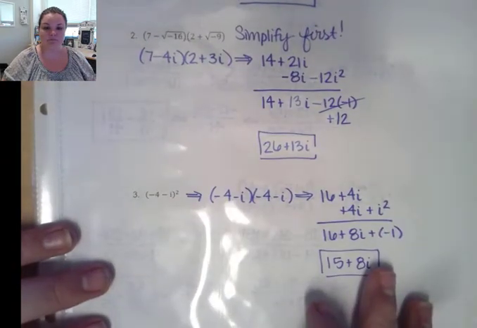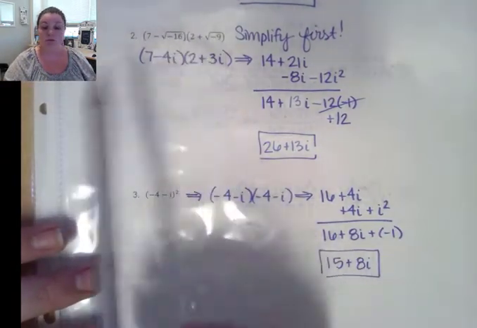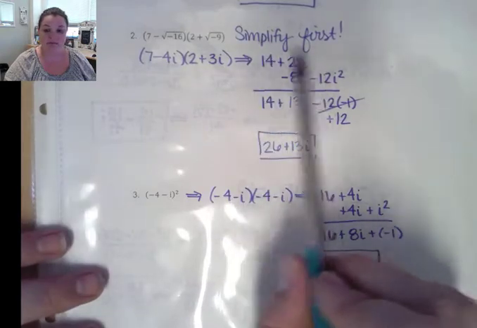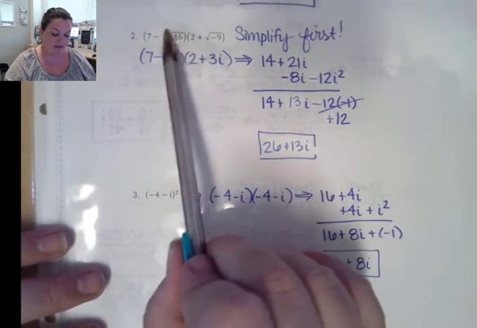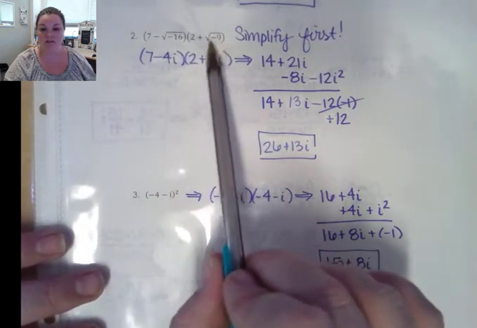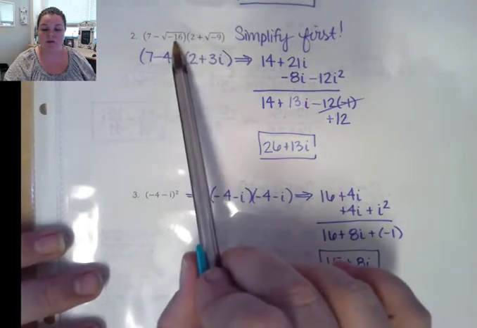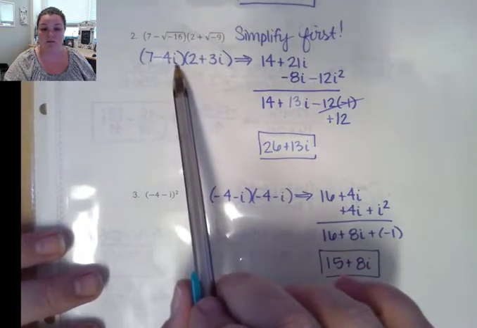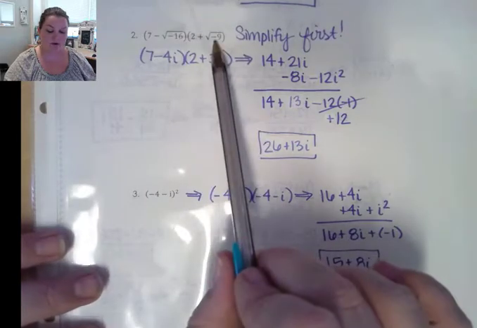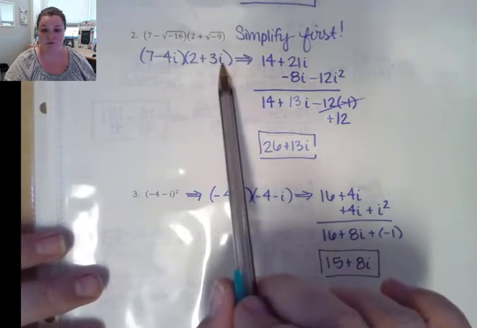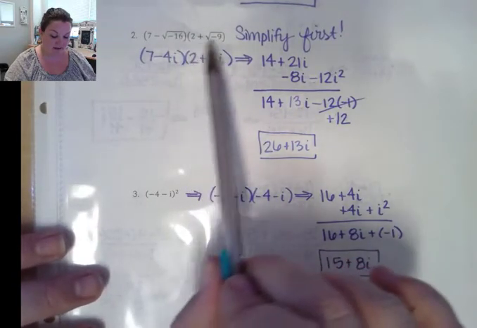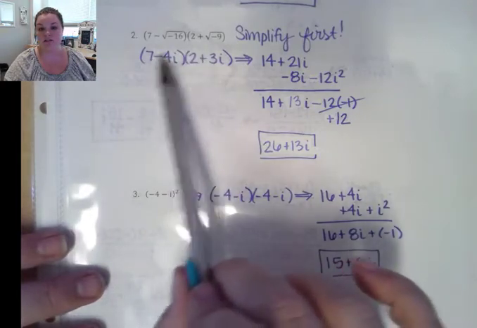All right, then on the second one, before we distribute, we simplify first, meaning we need to simplify these terms that have negative radicals, right? So square root of -16 becomes 4i, and square root of -9 becomes 3i. Once I've simplified those two pieces, then I can go ahead and start distributing.